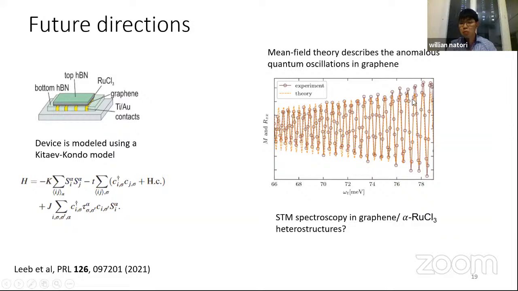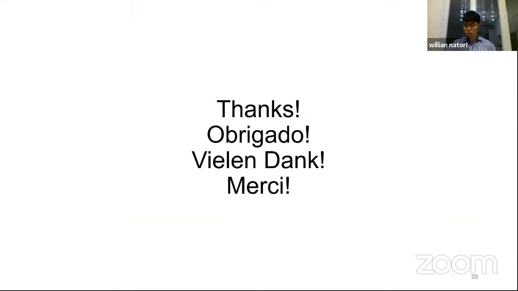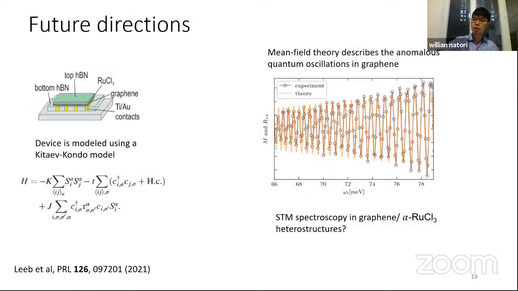I actually am not involved with this project, so I don't know much of the details, but this seems very interesting, and it's also a system which already corresponds to this setting for the STM probes, right? You have a metal, the graphene, and then over it you have a ruthenium trichloride. So this is a system that could be investigated with spin-polarized scanning tunneling microscopes in principle.